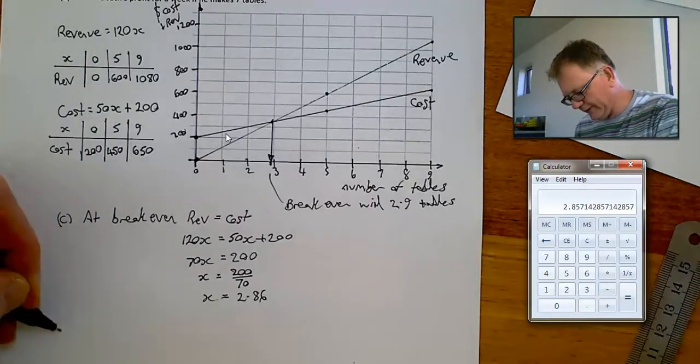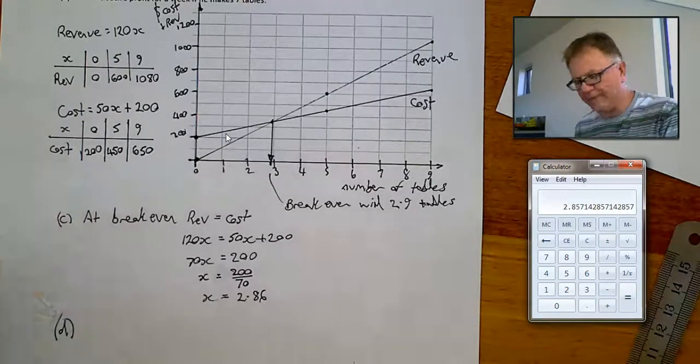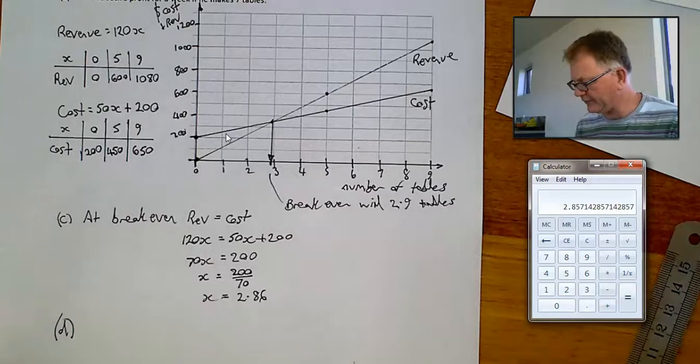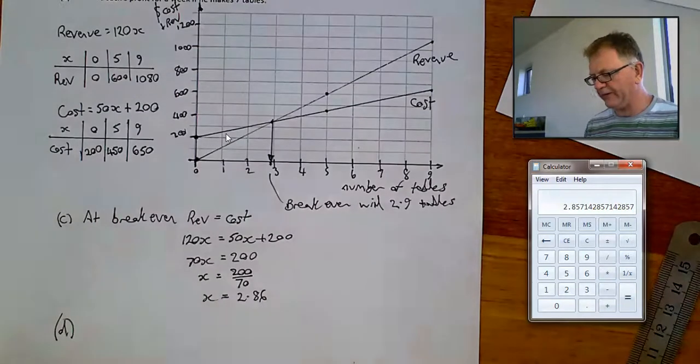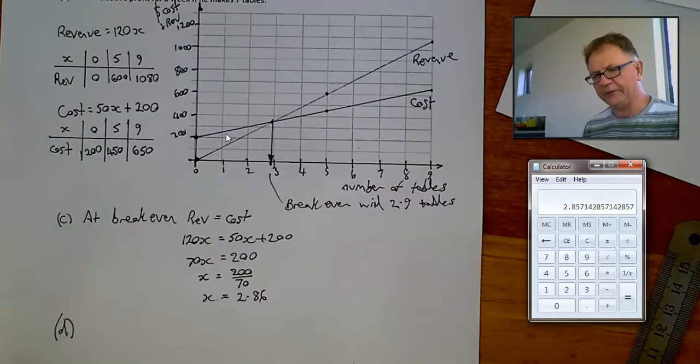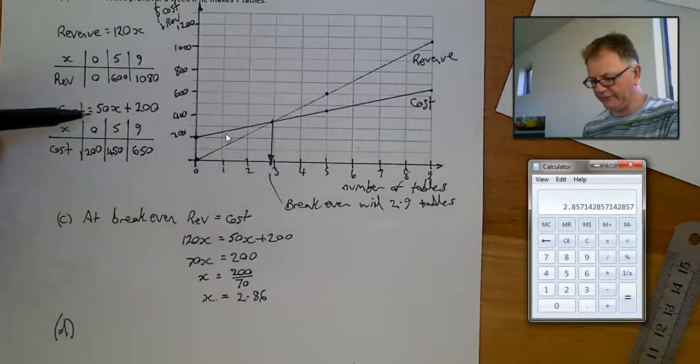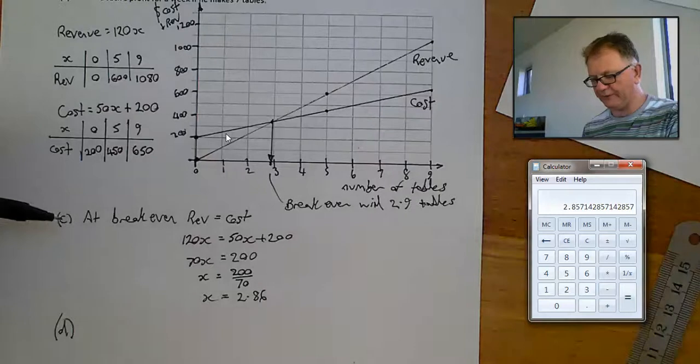Okay, part D of the question says, find Jack's profit for a week where he makes 7 tables. Now to work out his profit, I need to know how much it costs him to produce them, the cost of producing 7 tables, and I need to know the revenue, the amount that he gets from selling 7 tables. But that's easily found because we've got an equation that can work out the cost and an equation that can work out the revenue.